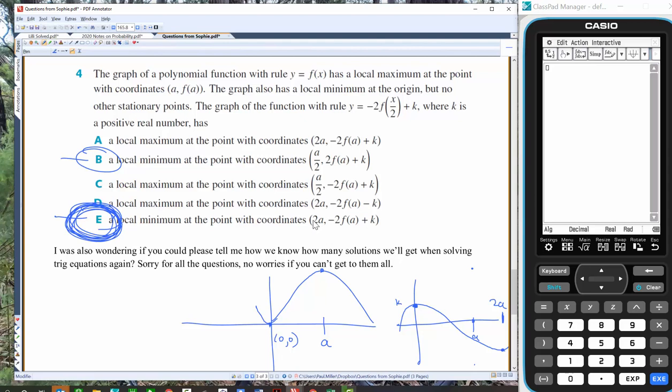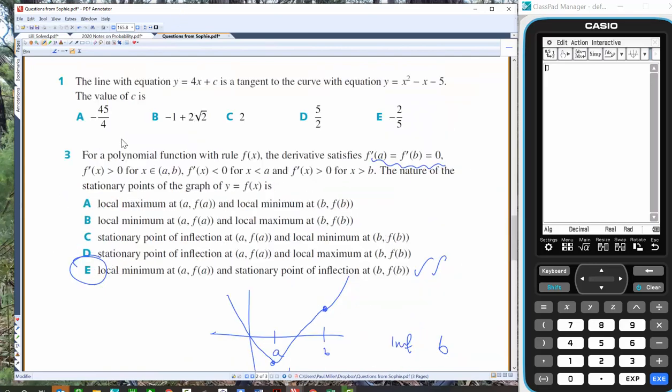So the x value will become this, and our y value when it's substituted in will be that. Actually, if I put 2A into this, I'm going to get negative 2 f of 2A on 2, plus k, which is going to be negative 2 f of, that cancels out, f of A, plus k. Yeah, definitely E.